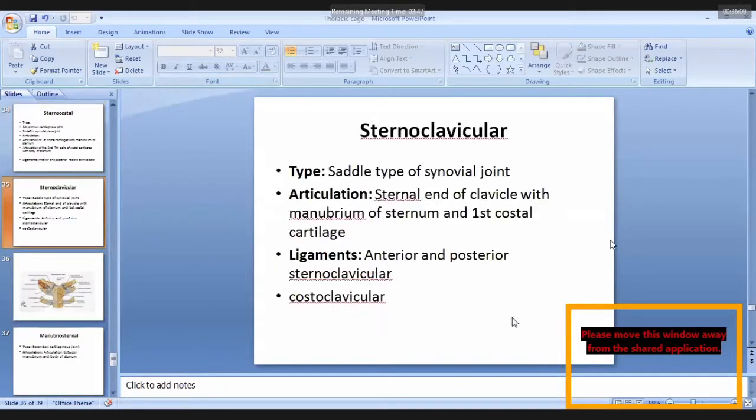The sternoclavicular joint is a saddle type of synovial joint. It is an articulation between the sternal end of the clavicle with the manubrium part of the sternum. Along with it, it is also attached to the first costal cartilage.